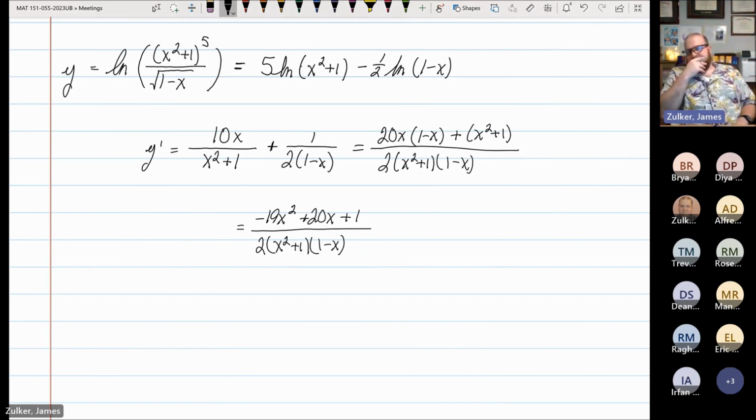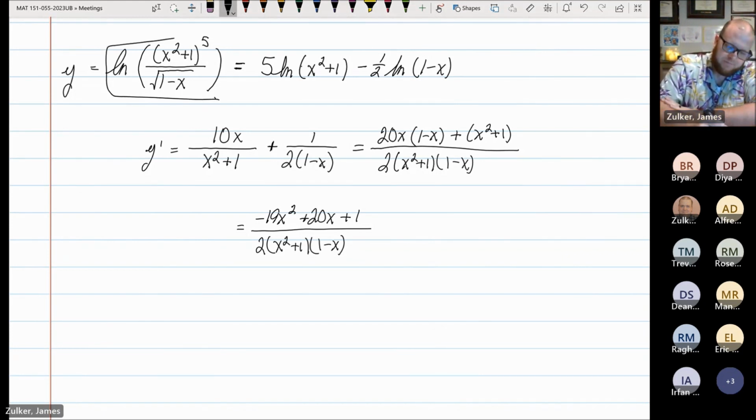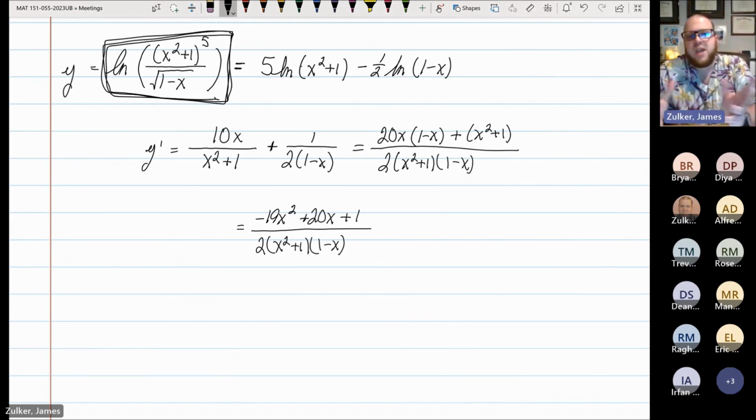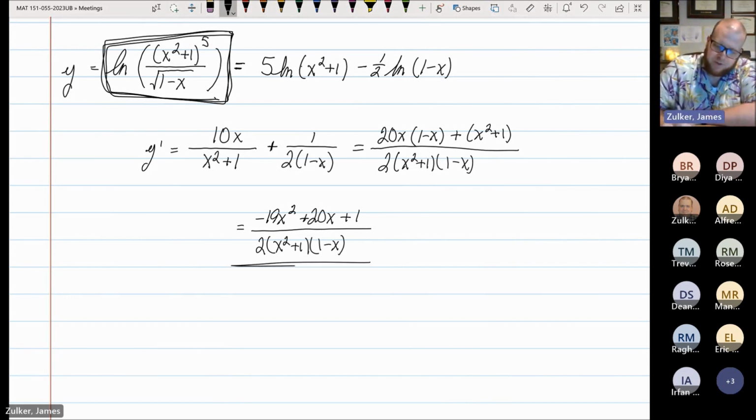Which would be that. If you went the first route that I was talking about, if you just started here and used the logarithmic rule, which would involve chain rule quotient, then this is what you should get after simplification.